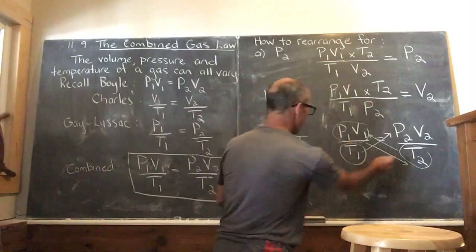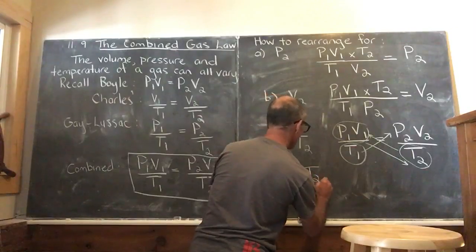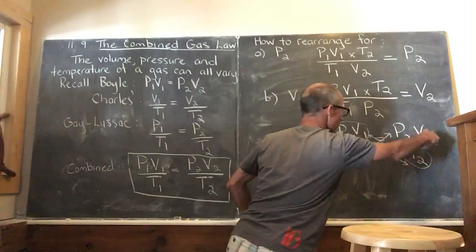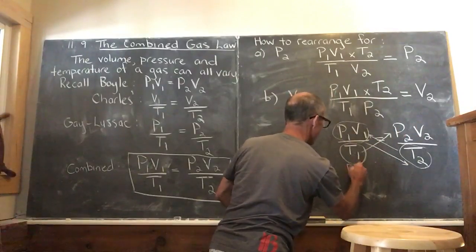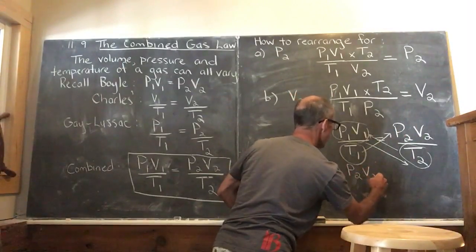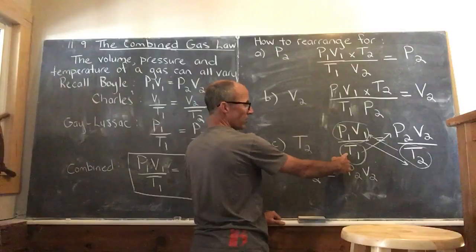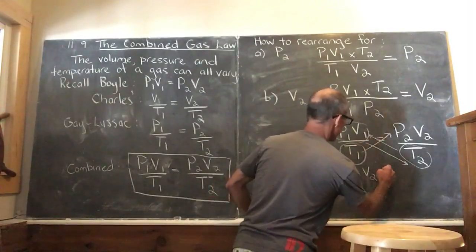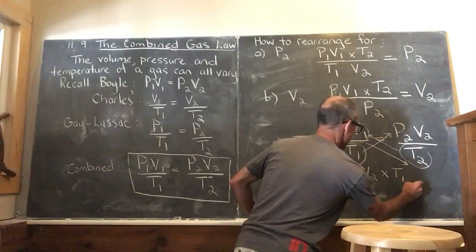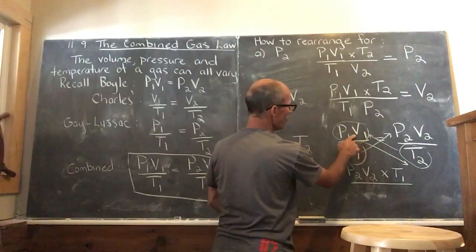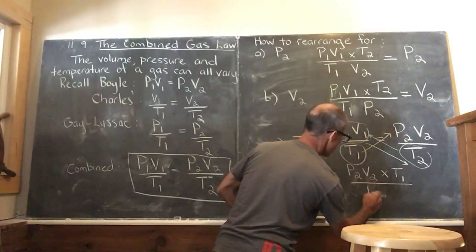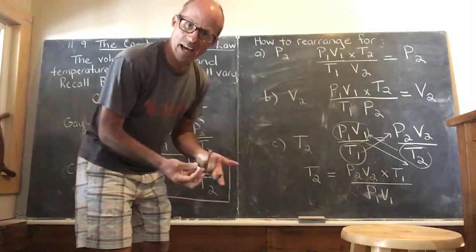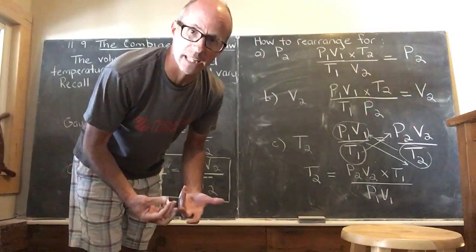And if we solve this way, T2 ends up being alone on the left side. The P2 and V2 are already there, so we don't have to worry about them. T1 is on the bottom on the left, so it's going to join the P2 and V2 on the top. And the P1 and the V1 go down below like this.